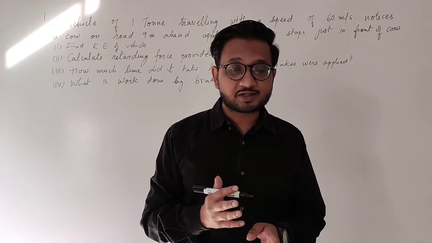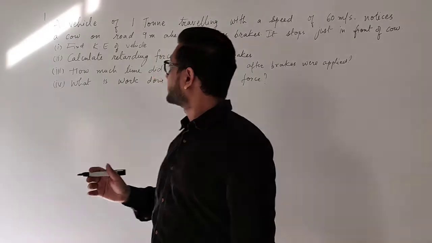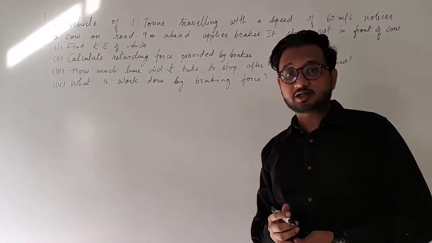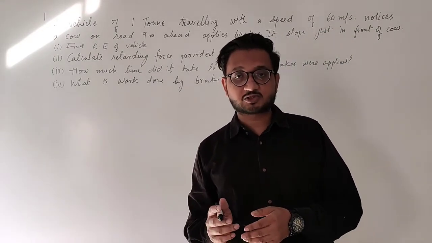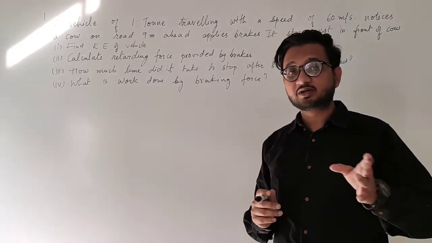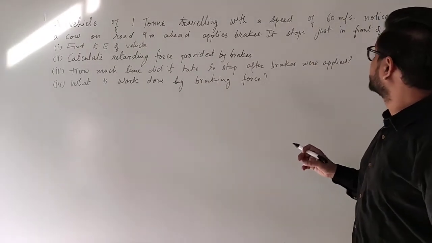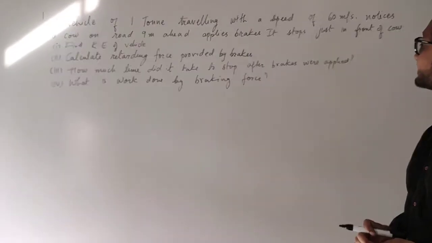It is not in kilometers per hour, it is in meters per second. Okay? And it is having a mass of 1 ton. Now 1 ton is equal to 1000 kilograms. Okay, you should know this. Very simple conversion. 1 ton is 1000 kilograms. And it is having a velocity of 60 meters per second.